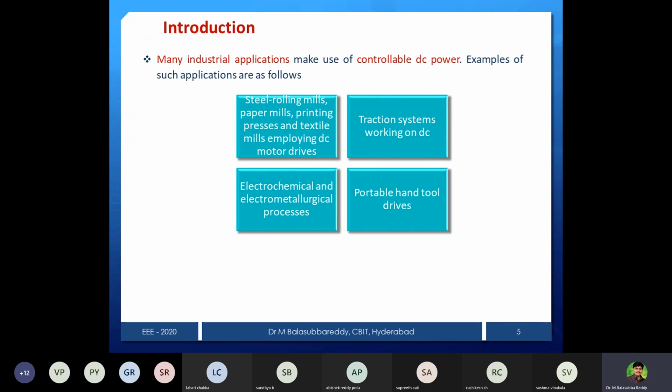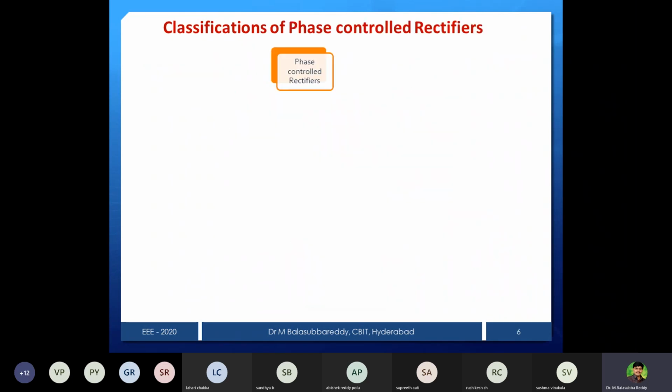Then portable hand tool drives, such as drilling. And HVDC, high voltage DC transmission. For all of these we require a rectifier, which converts AC to DC, where variable DC is required.